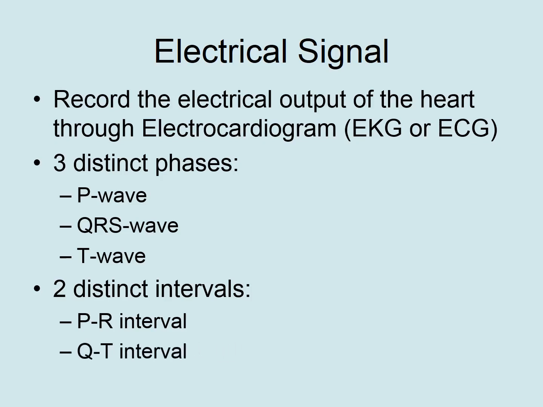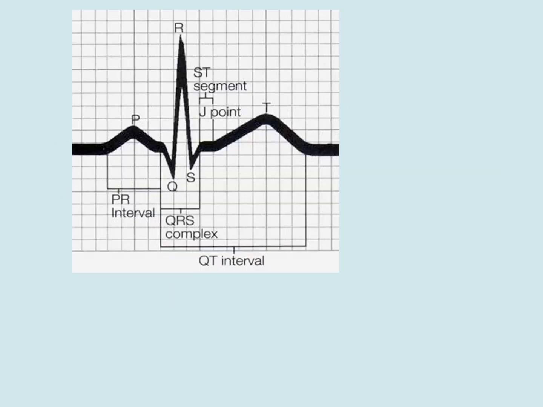Each one of the phases and each one of the intervals will give us a distinct phenomenon occurring either electrically or kinematically within the heart. So if we look at what's going on within the PQRST wave, we have atrial depolarization occurring at the P wave and atrial contraction occurring within the PR interval.